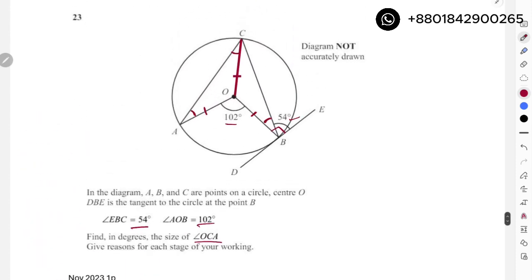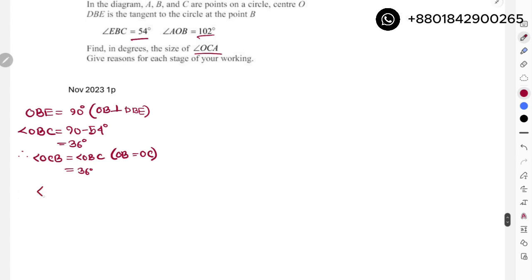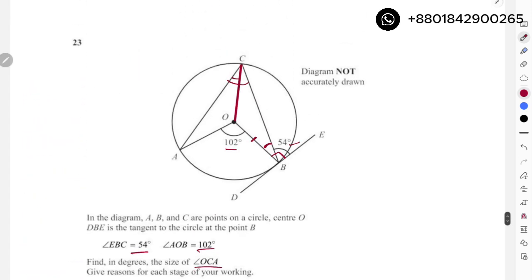Now again, if this total angle is 102, angle C is going to be half of that, the angle at the center concept. So you get angle ACB as 102 over 2. This is going to be 51 degrees. And this angle ACB is 51, I understand.